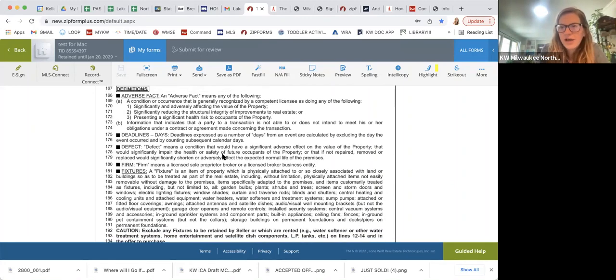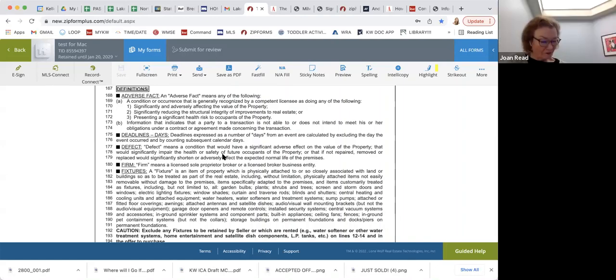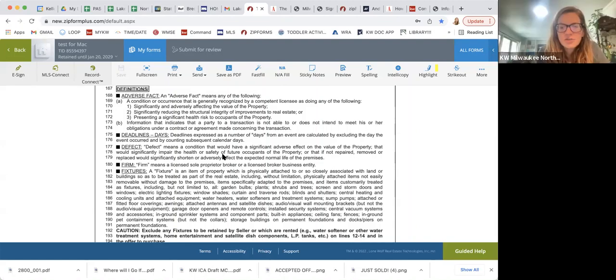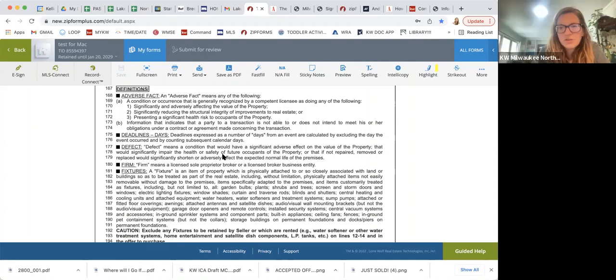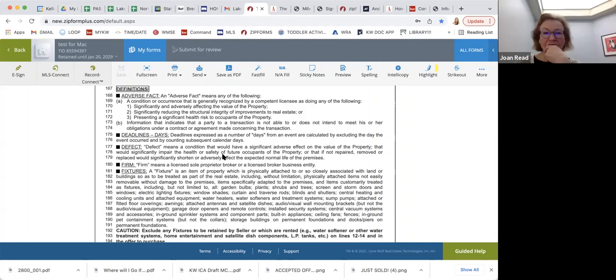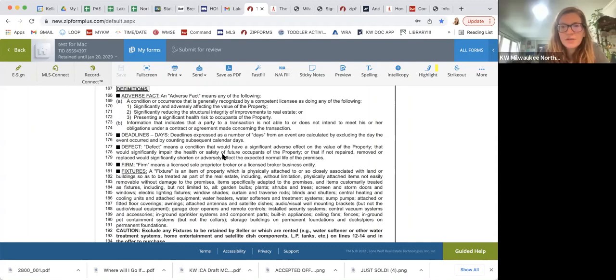First up, we've got adverse fact. An adverse fact is a 2-part definition. It's a condition or occurrence that is generally recognized by a competent licensee as doing any of the following. And this pretty much mimics the definition of a defect: significantly and adversely affecting the value of the property, significantly reducing the structural integrity of improvements to real estate, or presenting a significant health risk to occupants of the property.